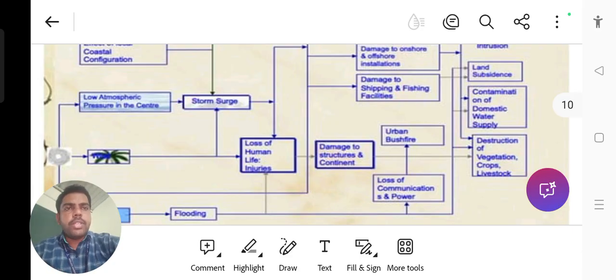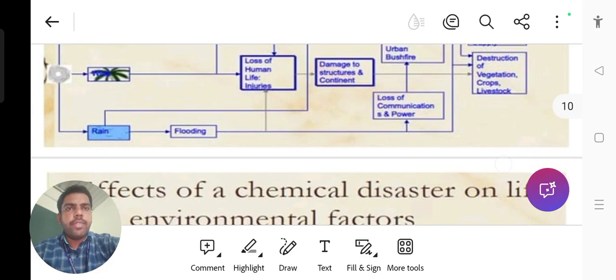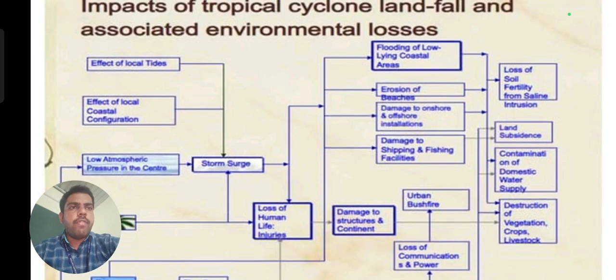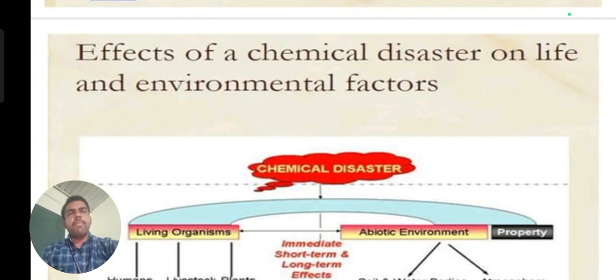And damage to structures and contents, loss of communication and power, flooding. And the next one, loss of soil fertility, and land subsidence and contamination. These all come under cyclone only. This type of impacts may occur through cyclones.